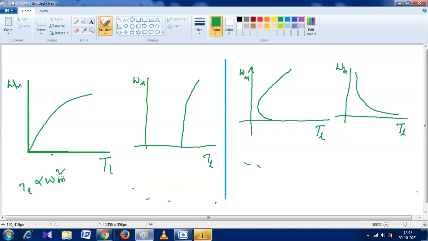So the examples are, you can say, this is compressor, this is centrifugal pump. In this type we get the windage type load, where the windage type load torque is dominating.